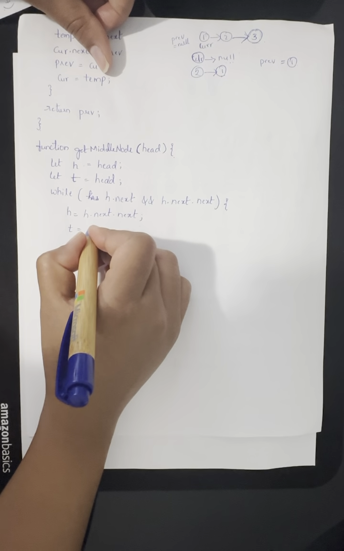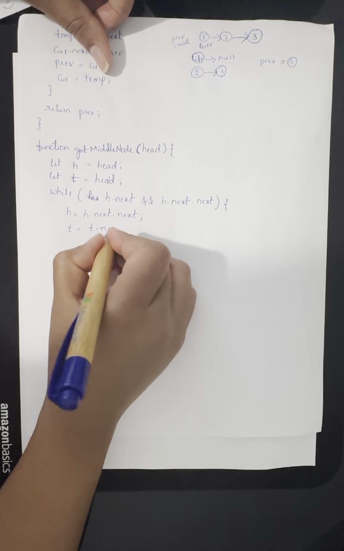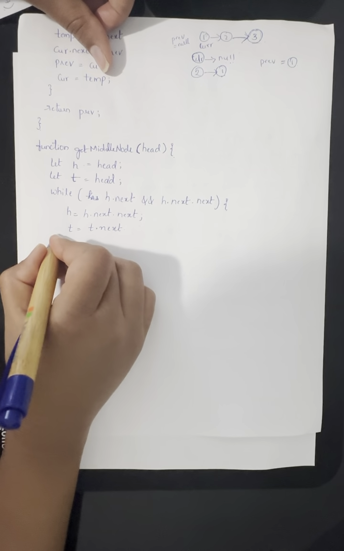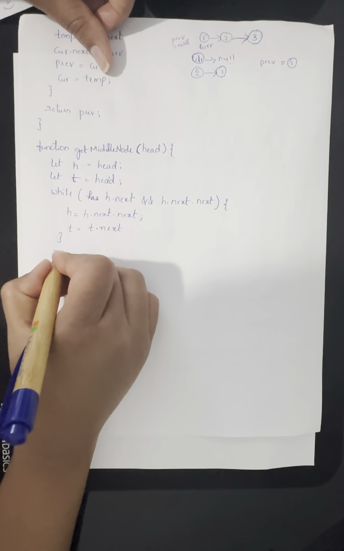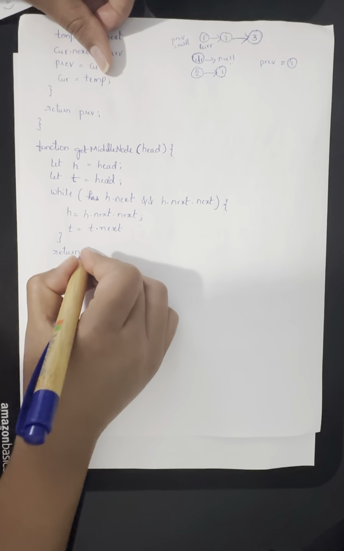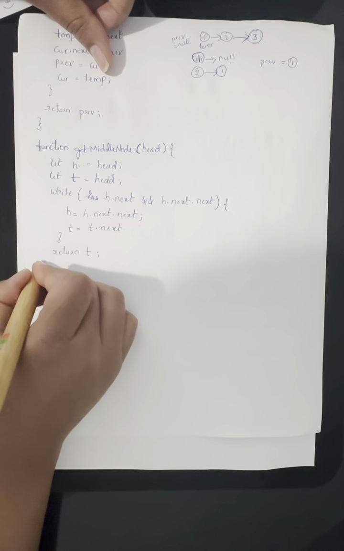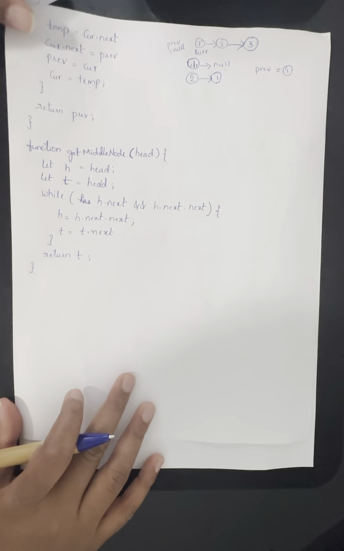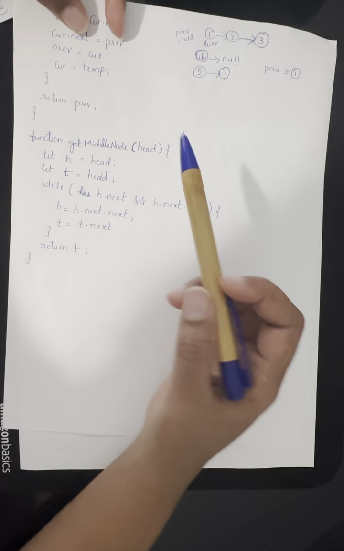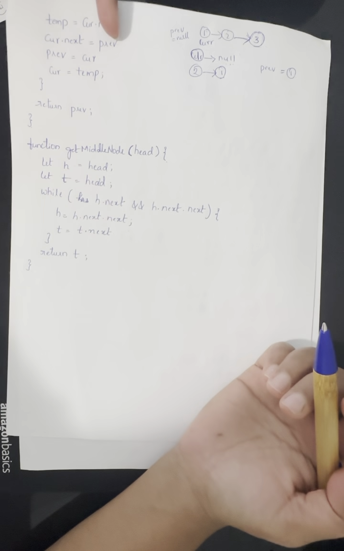So t equals to t dot next, and we just return t, which is the middle node. So this is the code for getting the middle node.